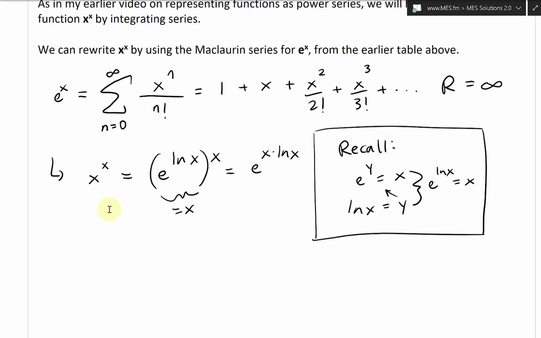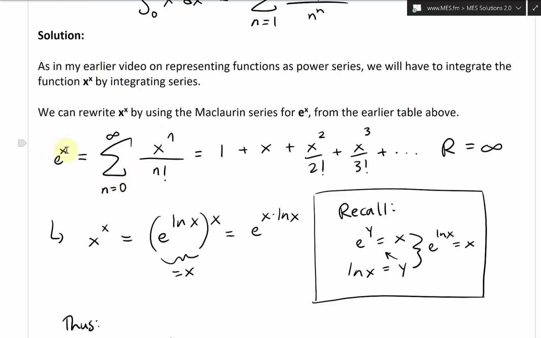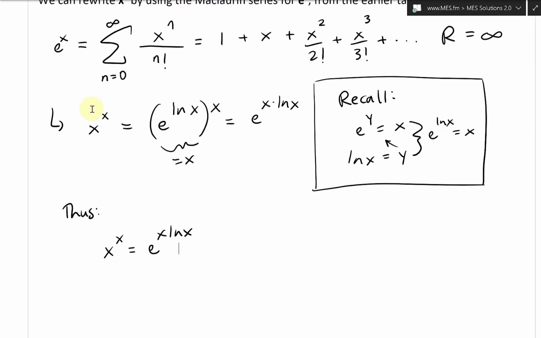Thus, x to the power of x equals e to the power of x ln x. And then we can just throw that inside here, so replace x with x ln x.